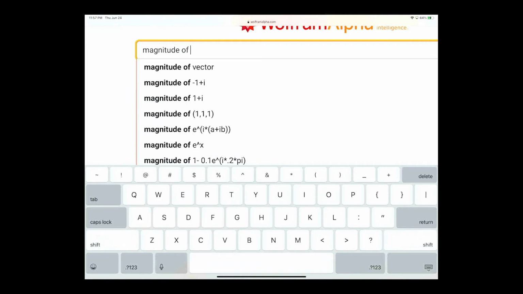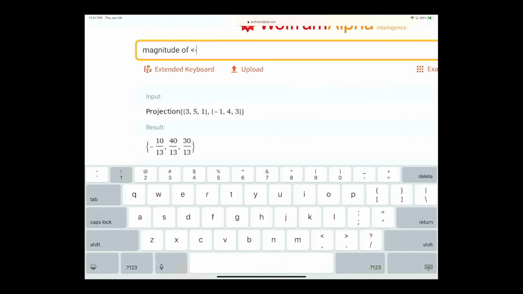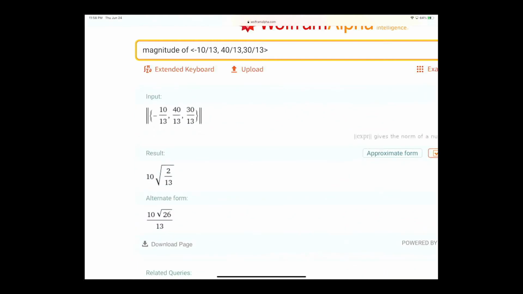And since it gave me the vector, then you can just say magnitude of, and then you can write it like negative 10 over 13, 40 over 13, 30 over 13. So there you go.